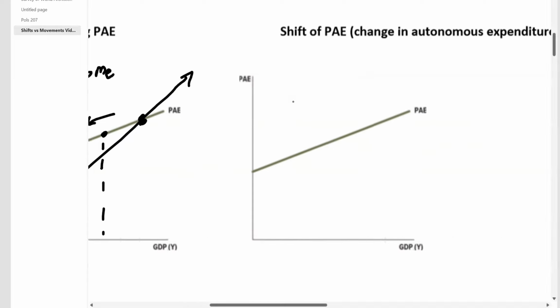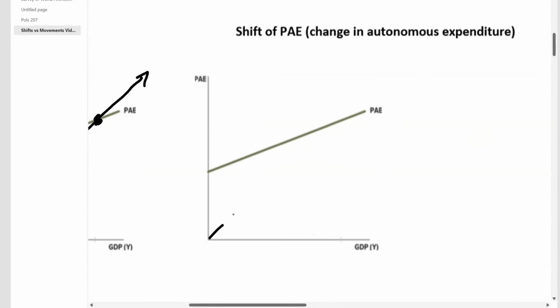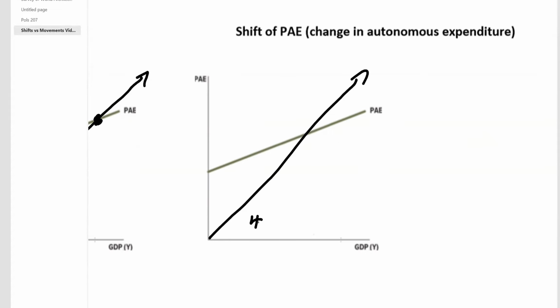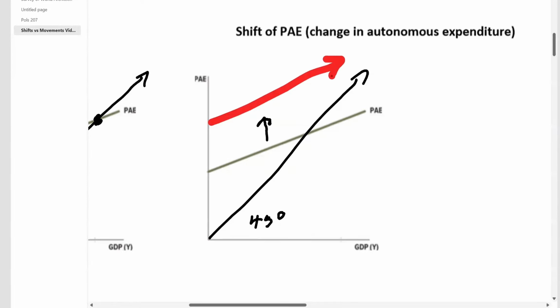Then what a shift will look like, with your 45-degree line: the shift will move the planned aggregate expenditure, the actual line. Let me use a different color. Go red. We'll make it a thick line. Move it up or down.